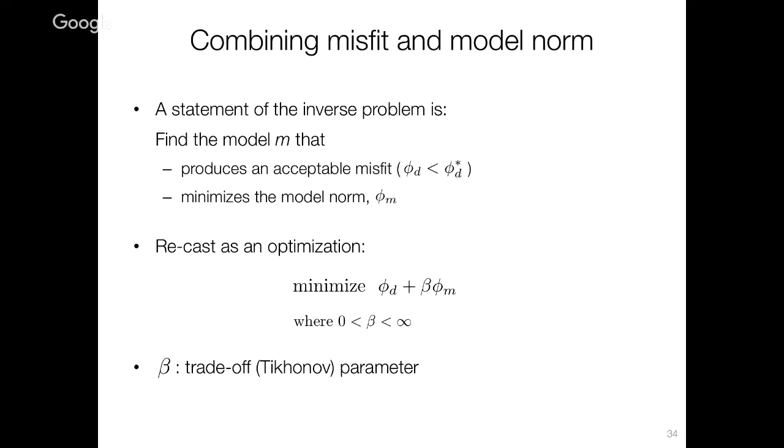What it's doing is providing a relative weight of whether you want to be thinking more about the misfit or the model objective function. And our procedure is actually going to be to try multiple values of beta and to find something that misfits the data about as well as it should be, and at the same time reduces this model norm.